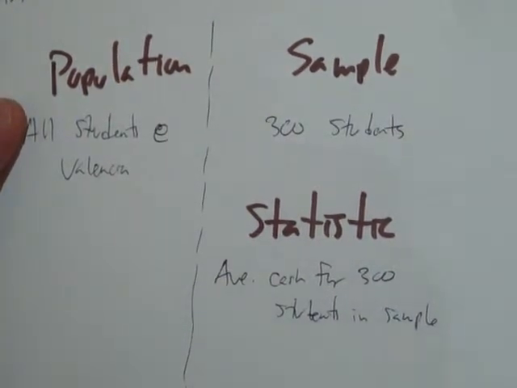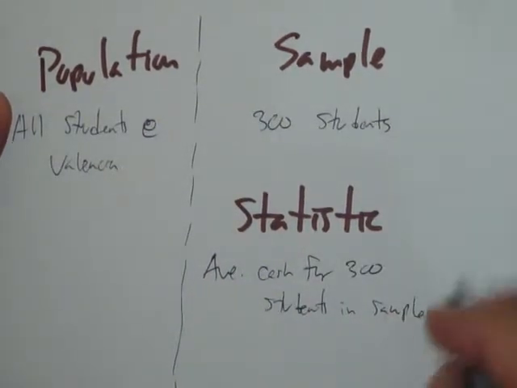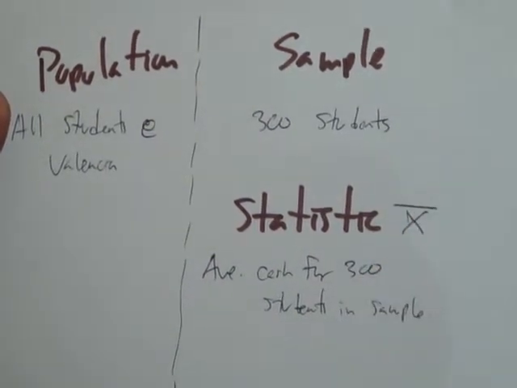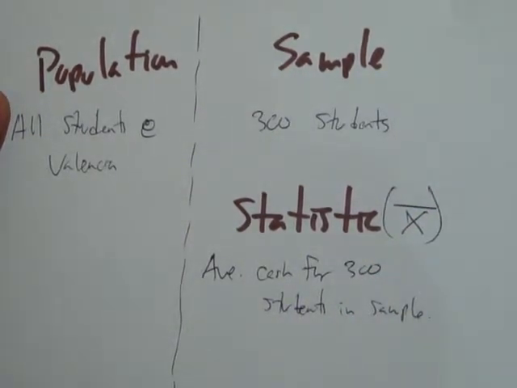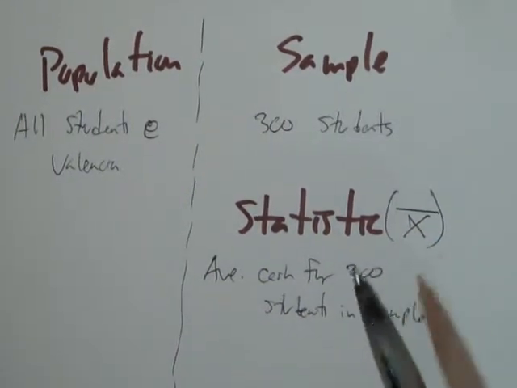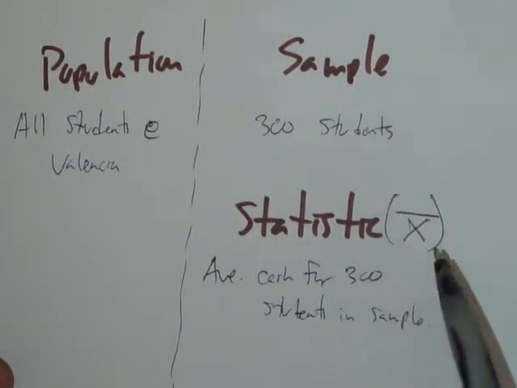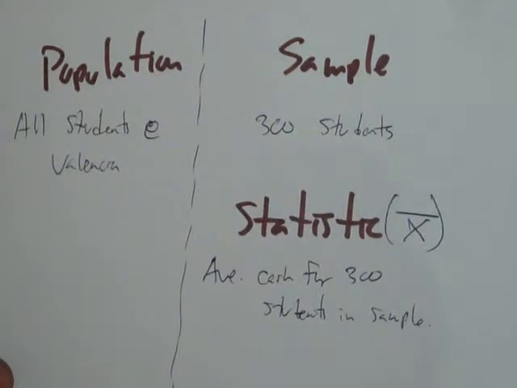In this case, the statistic we're looking at is a mean. It's a sample mean, so it would be X bar. So we found X bar in this one, the average cash. The statistic that we're using to describe the sample is a mean. It's an average amount, and that's why we have our sample mean going on.